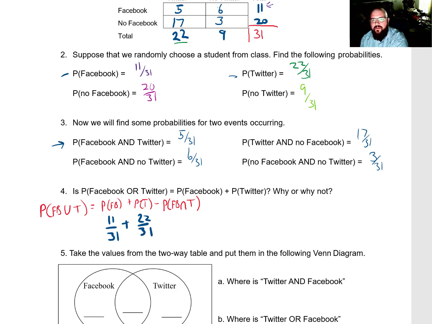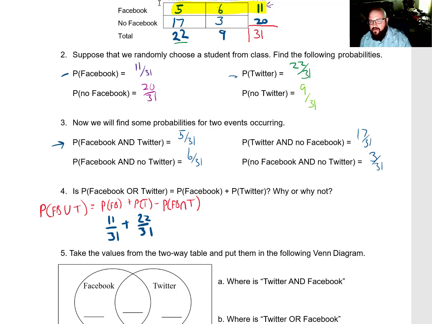Let's look at this real quick. If we did the probability of getting Facebook, we used this value, as we added up these two values to get this value.